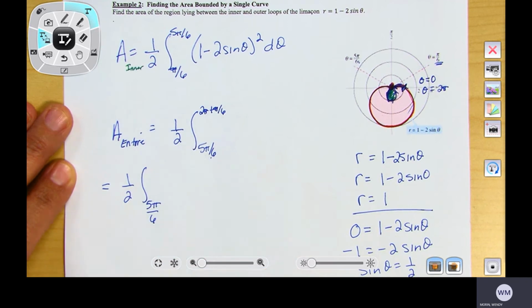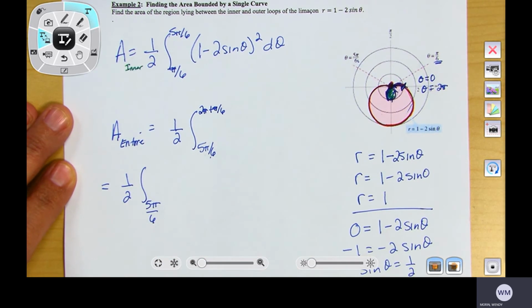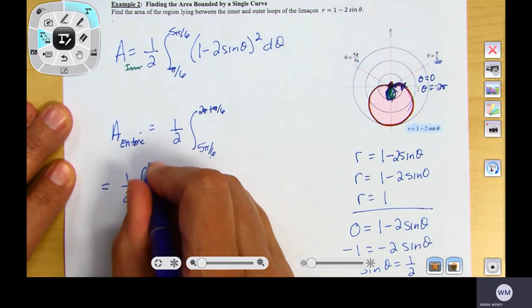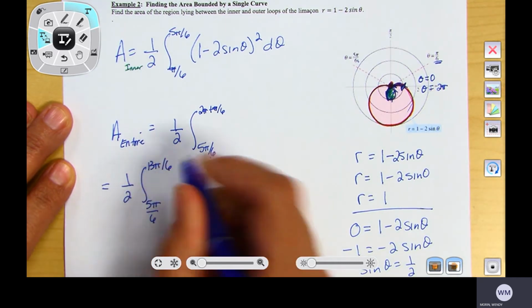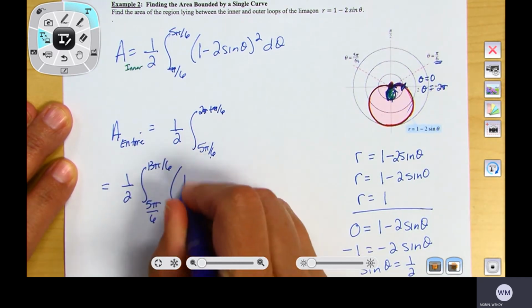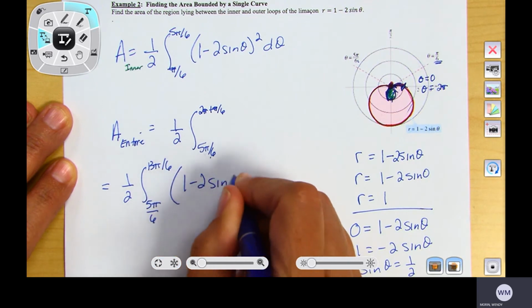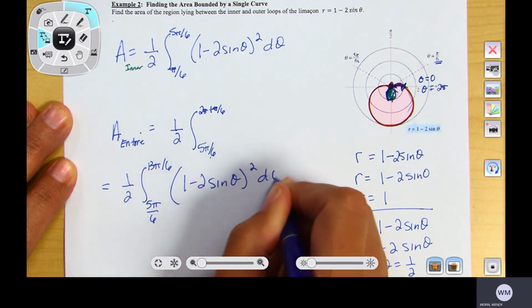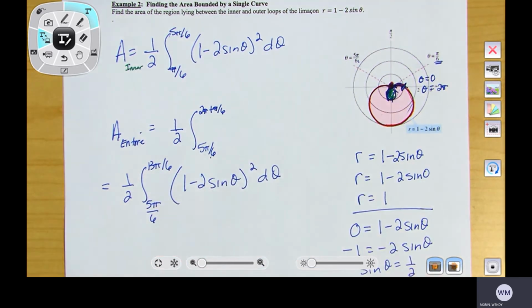And what is 2 pi plus pi over 6? 12 pi over 6 plus 1 pi over 6 is 13 pi over 6 of the equation of my polar graph. And that gives me the entire area. But again, that's not what they're asking me for. They want the pink.